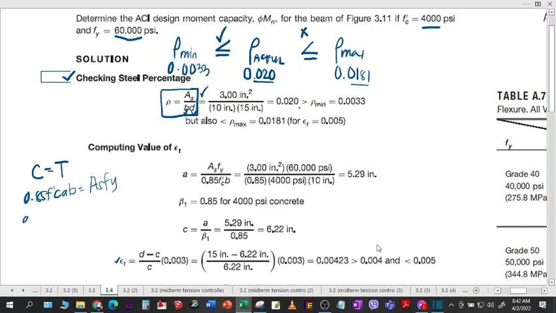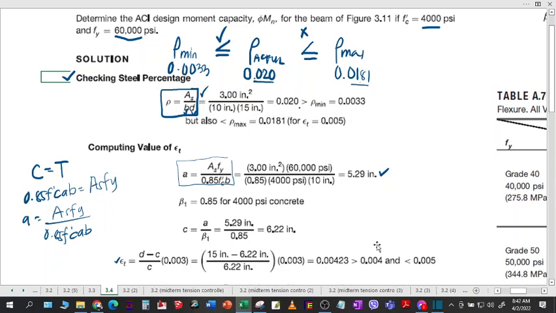So that we can solve for A, and that is equal to AS FY over 0.85 FC prime AB. Hence this formula. So plugging in all the values which are given, we can have this answer.